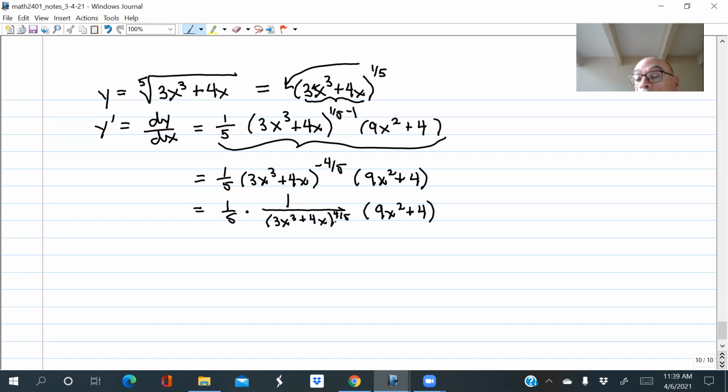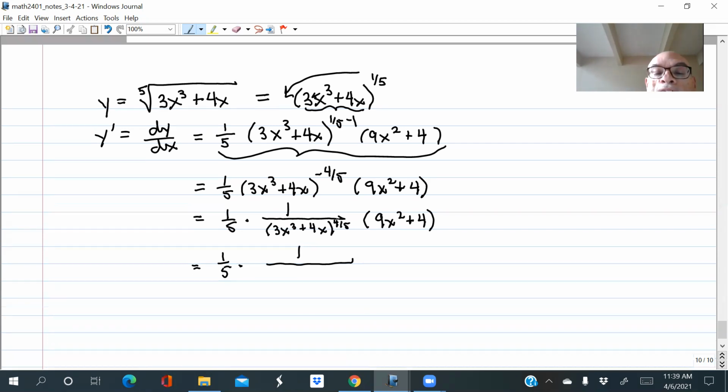And now you can convert this back to a radical if you like, okay? So the 5 in the denominator of the exponent means this is going to be a 5th root again. We started with the 5th root, and we're going to end up with a 5th root in the derivative.